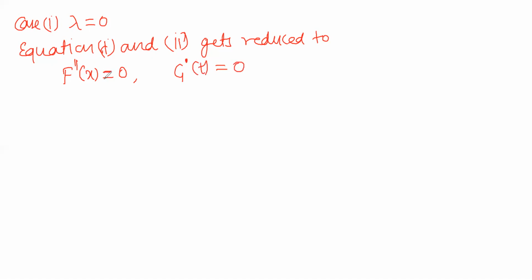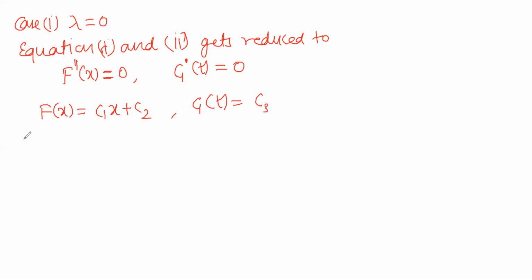Since f double dash x equal to 0, that simply means my f of x would be a straight line. So I can say it will be c1 x plus c2, after simple integration, nothing else, and g of t again will be some constant. Let me take c3.